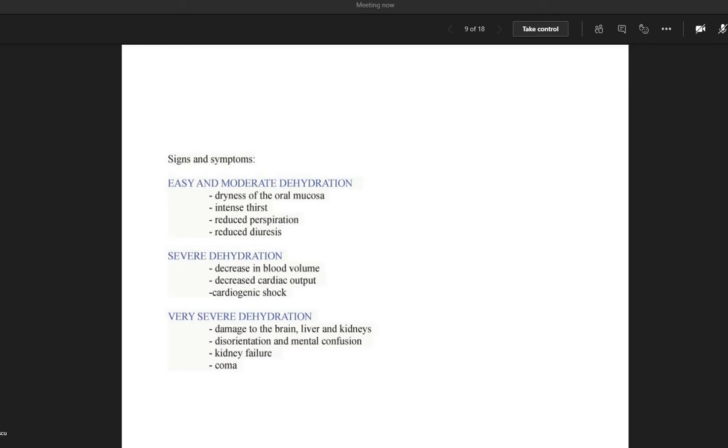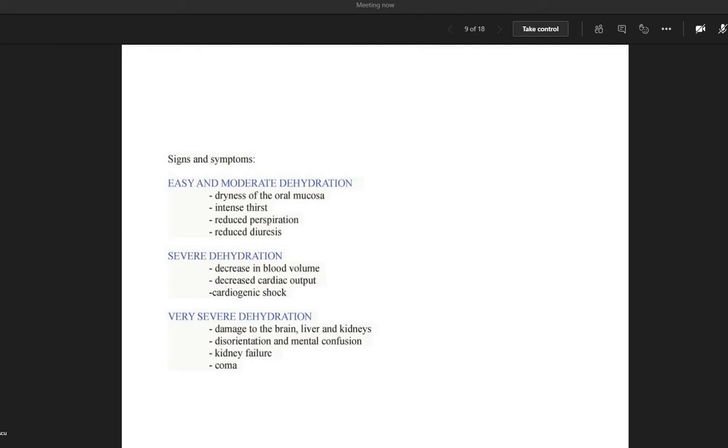So it doesn't allow itself to cool as much as it needs. And also reduced diuresis. So these are the first signs of mild and moderate dehydration.